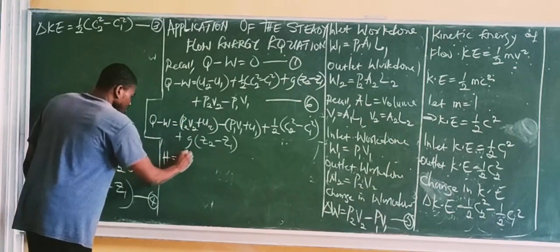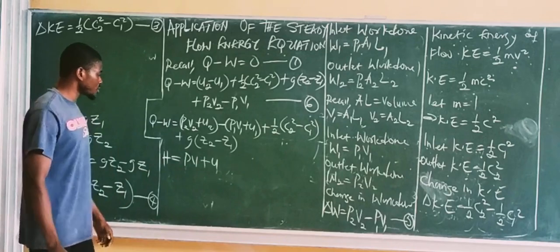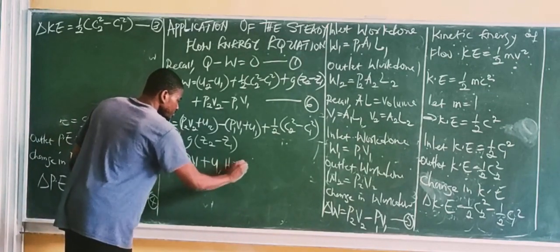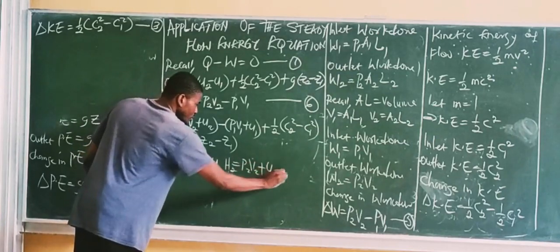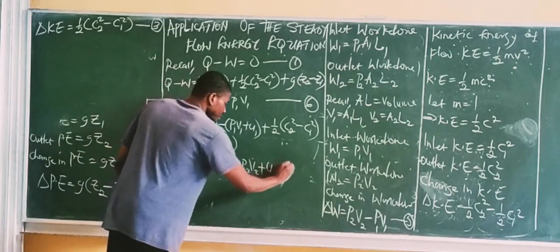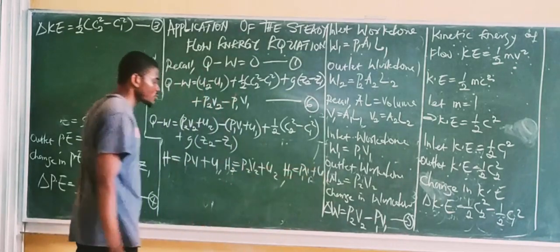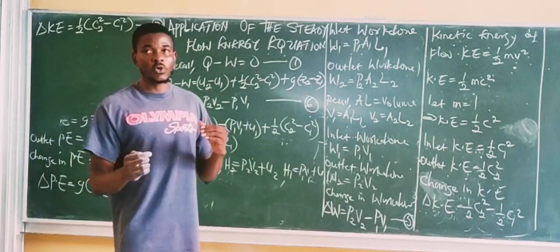So enthalpy is simply PV plus U. Therefore H2 is simply P2V2 plus U2, and H1 is simply P1V1 plus U1.